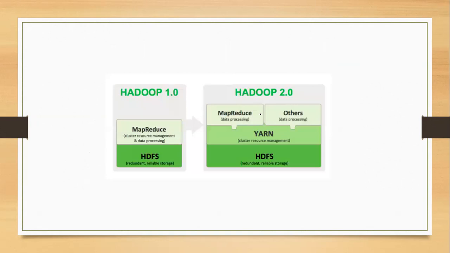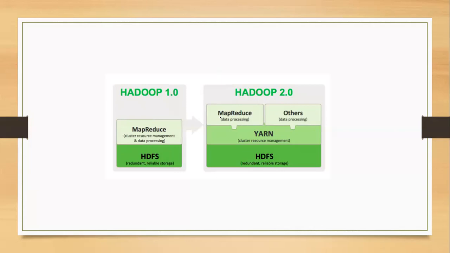Now we do have the versions of Hadoop. In 1.0, we are using the HDFS alongside the MapReduce, but nowadays people don't really write large programs to execute anything on Hadoop. So nowadays we are having Hadoop 2.0, in which we have HDFS, which is the storage layer, and YARN as the resource management.